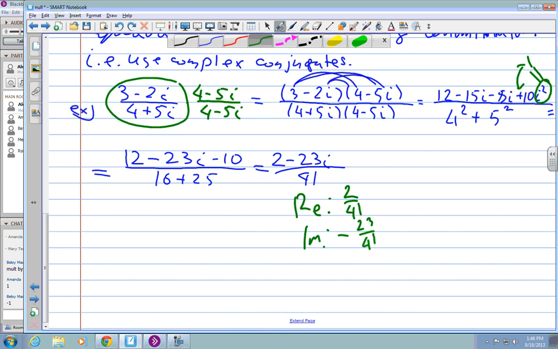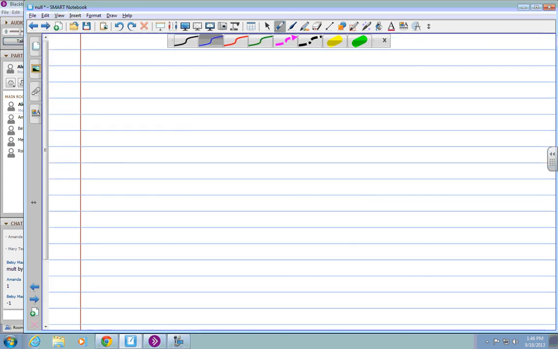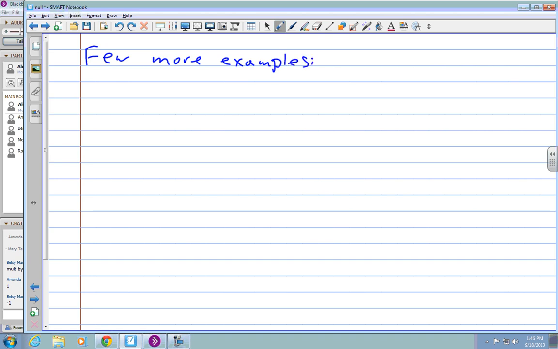Now, a few more examples of imaginary number play. Let's say I have something like this, square root of negative 16. Before we would say it's not a real number.